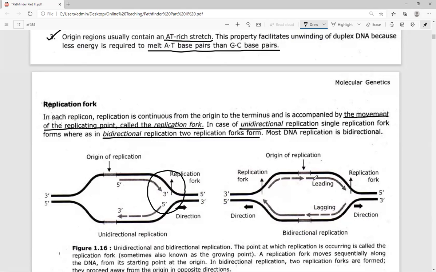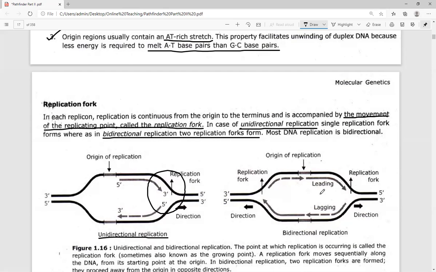Now, a single replication fork is referred to as a unidirectional replication fork. When a replication fork is produced only in a particular direction, it is referred to as a unidirectional replication fork.